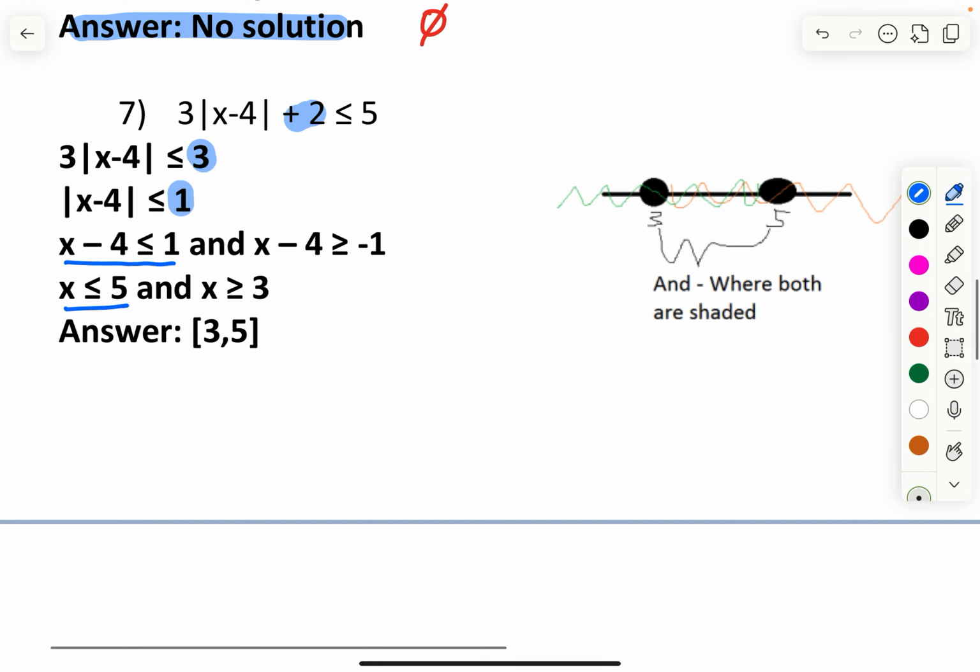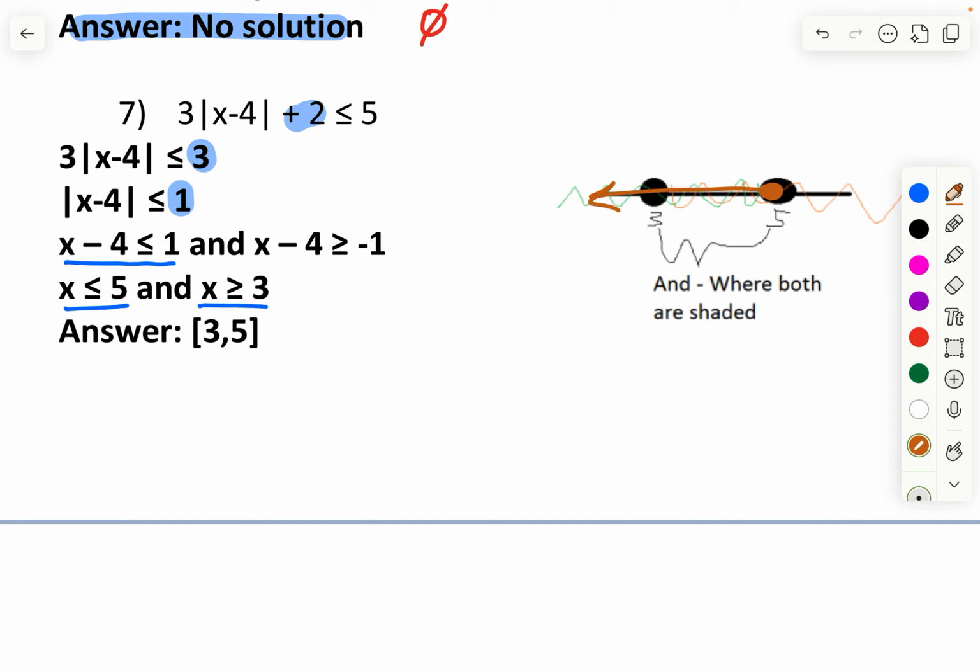And then second inequality, we're going to add 4 again, so negative 1 plus 4 is 3. So we get x is greater than or equal to 3. So over here on my number line, we have x is greater than 5. That's this way. And x is, I lied. I hope y'all are yelling at me. X is less than or equal to 5, so it's going to be this way.